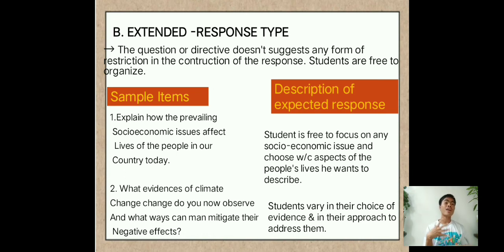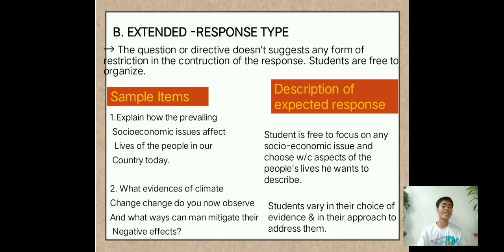So there are diverse students who have diverse ideas as well, and you will let them think and write the whole essay as their response, because in the extended response type, students are given freedom. They are free to organize.